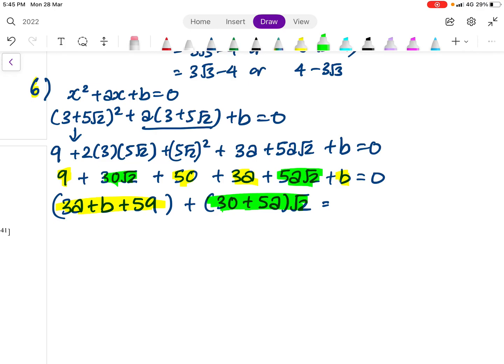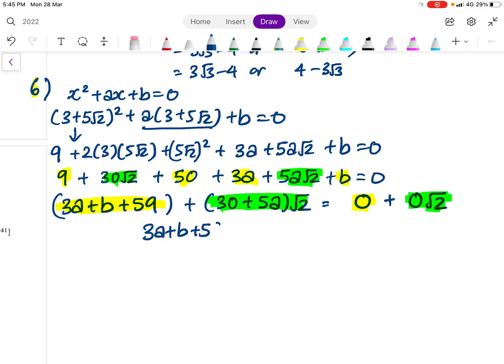It's not common, but it's very useful when you see the number 0. 0 means 0 plus 0 root 2. So what can I do? I compare yellow with yellow, green with green. That's how I compare and I get two equations.